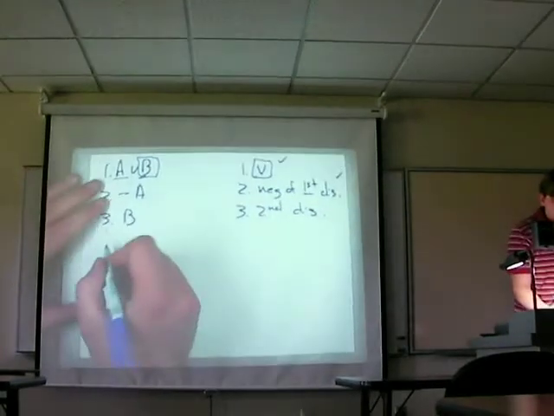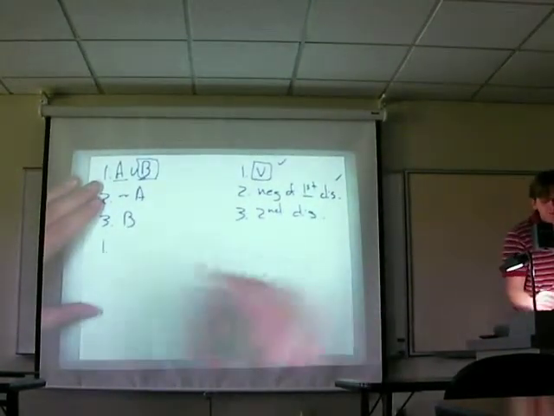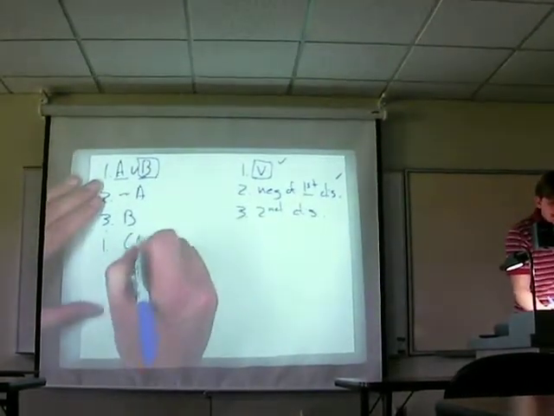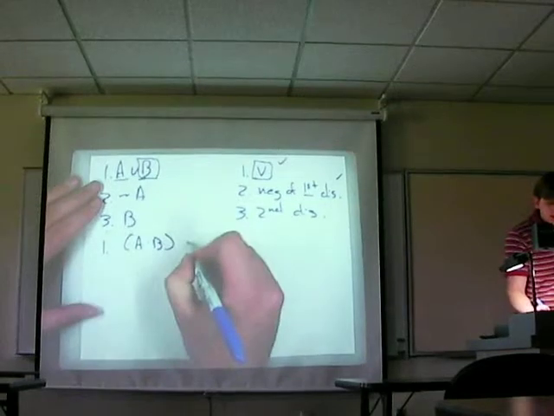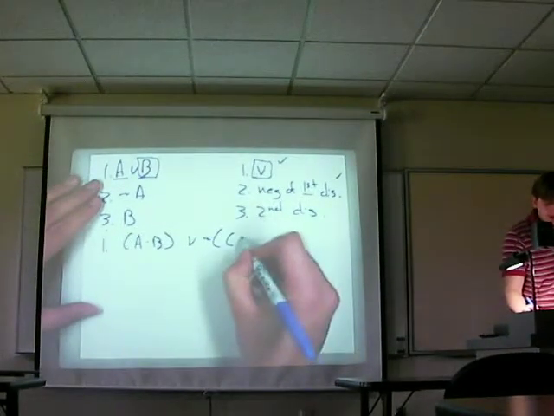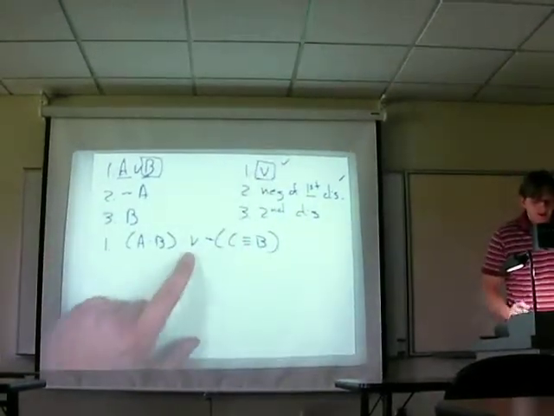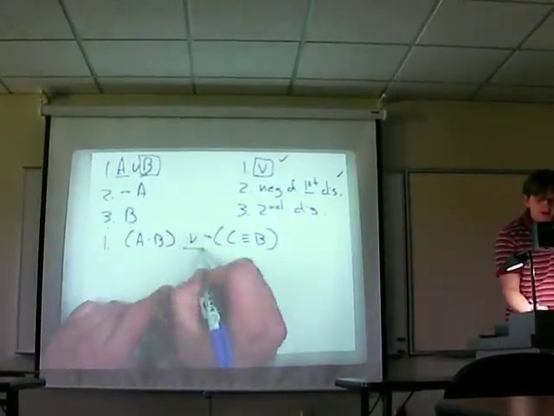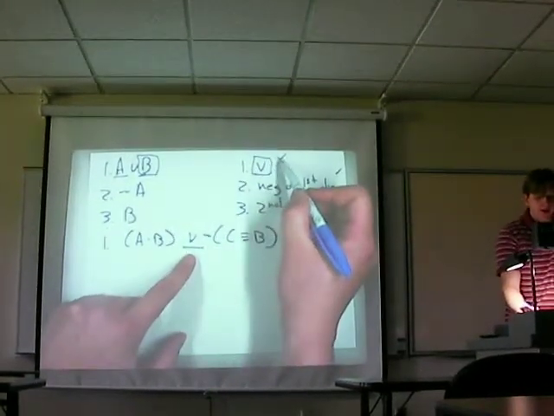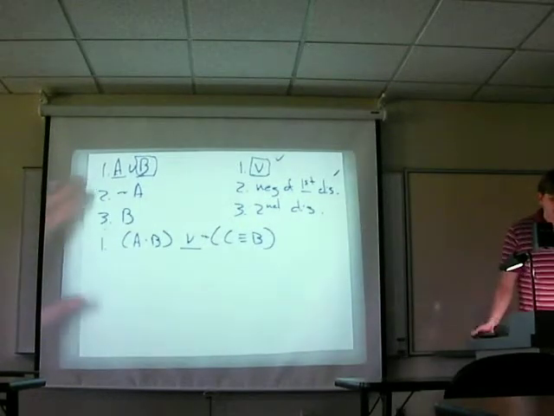Suppose that on some line, and as always, the ordering of the lines here doesn't make a difference at all, we have something like this: (A and B) or not (C triple bar B). First condition is met, many operators here, but the main logical operator is the one roughly in the middle. It is in fact the wedge. So condition number 1, and that's necessary to pull off DS, has in fact been met.